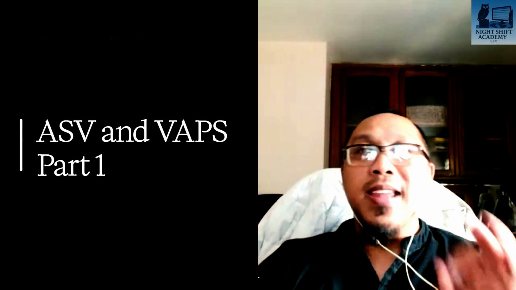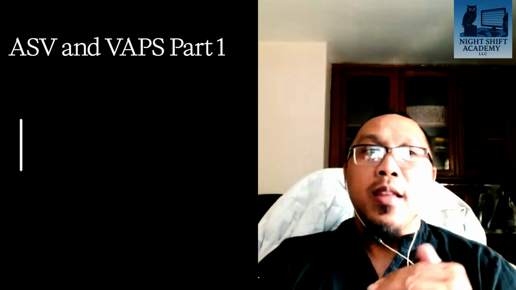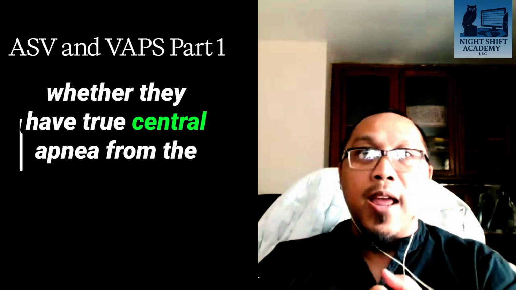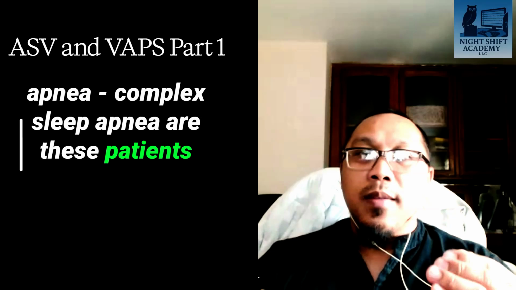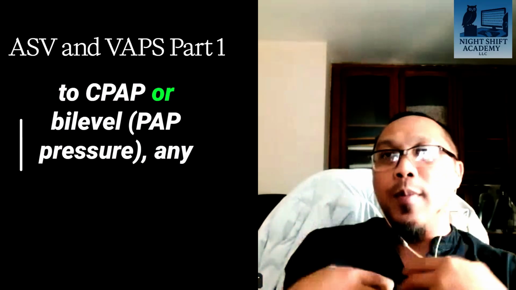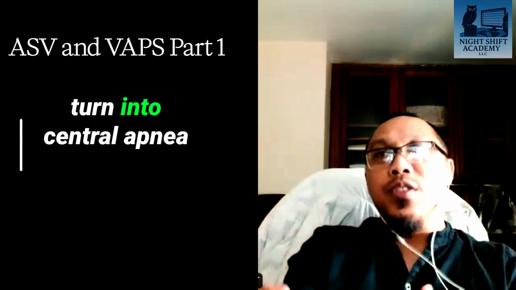Okay? You have to be careful when you're doing ASV titration, simply because ASV patients are truly central apnea patients, whether they have true central apnea from the very beginning or they have complex sleep apnea. Complex sleep apnea are these patients that develop central once they're exposed to CPAP or bilevel. Any positive air pressure, these patients turn into central apnea.